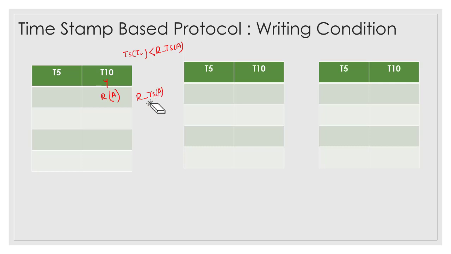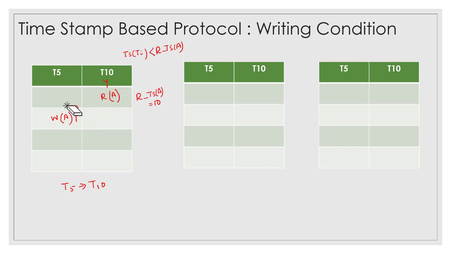Now transaction 5 wants to write the data item A. Here, as we already know, T5 should be followed by T10, but that condition is not satisfied. So we are not going to allow this operation, and we are going to roll back that transaction, which is the older one.